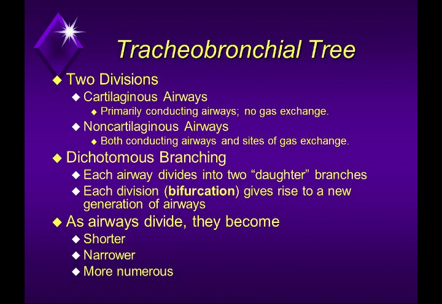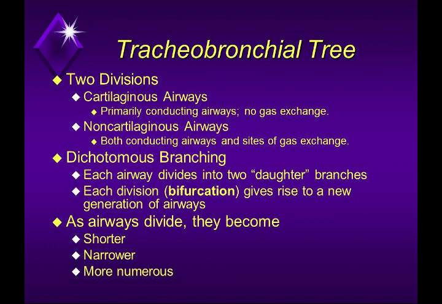Regarding that tracheobronchial tree, there's two divisions to it. The first one are those which have cartilage supporting them. We call them the cartilaginous airways. These are there only for gas transmission, gas movement. They're conducting airways. There's no gas exchange within them.